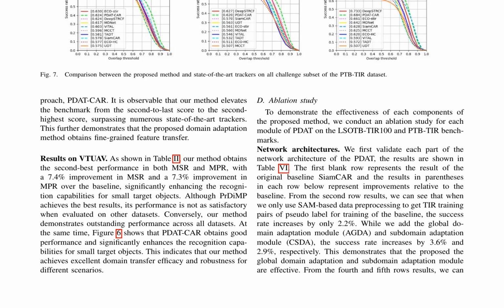The results, shown in Table V, reveal that the SAM-based data preprocessing, Global Domain Adaptation Module, AGDA, and Subdomain Adaptation Module, CSDA, all contribute to the success rate, with increases of 2.2%, 3.6%, and 2.9%, respectively. These findings demonstrate the effectiveness of the proposed global domain adaptation and subdomain adaptation modules, showcasing the significance of each component in enhancing object recognition capabilities.